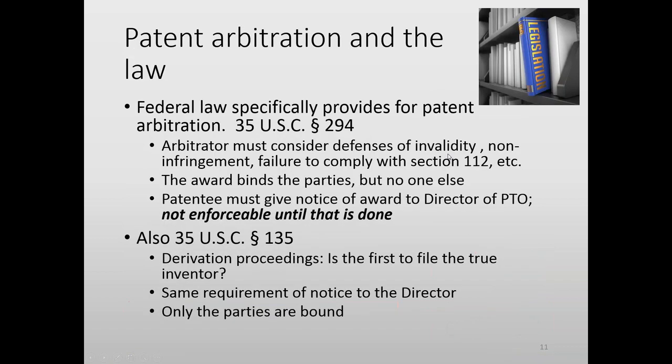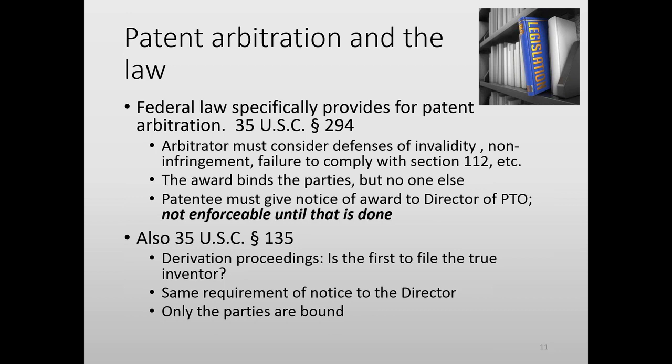All right. Let me talk a little bit about patent arbitration in the law in the United States. As it turns out, the federal law specifically provides for patent arbitration. The reason this was passed is there was a time when a number of courts said, we just think it's against public policy to allow arbitration of patent disputes.